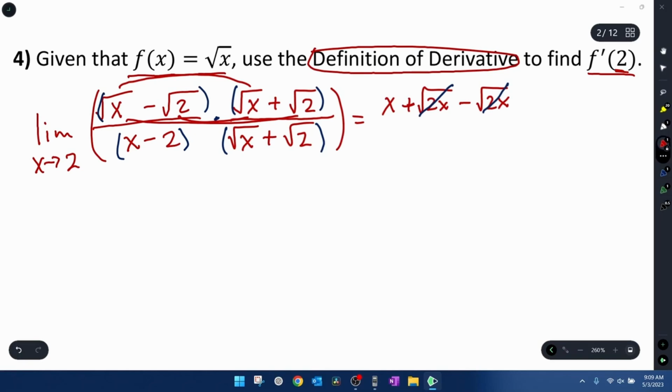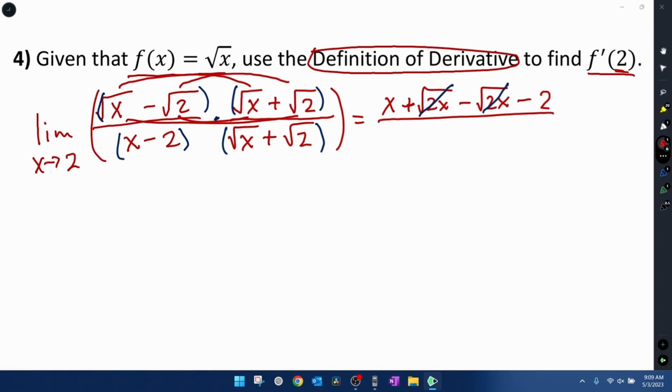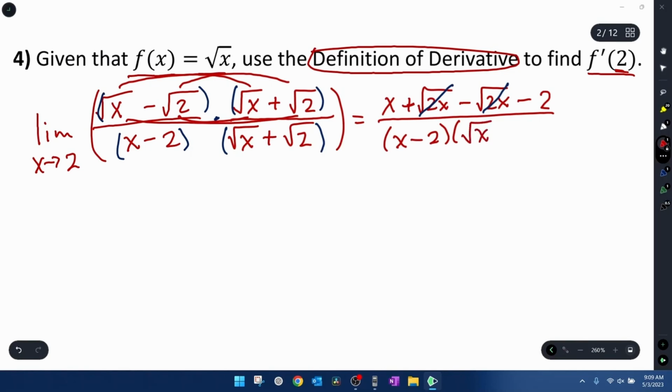They will cancel. And last, negative square root of 2 times square root of 2. We have a negative times a positive, which gives us a negative. Square root of 2 times square root of 2 is square root of 4, which is 2. I'm going to leave this factored: x minus 2 times square root of x plus square root of 2.